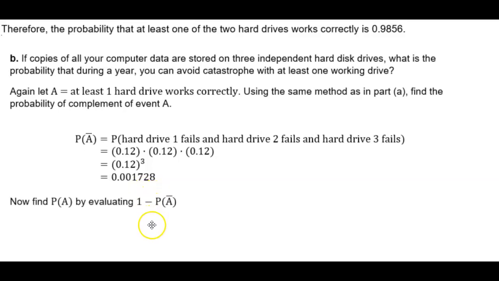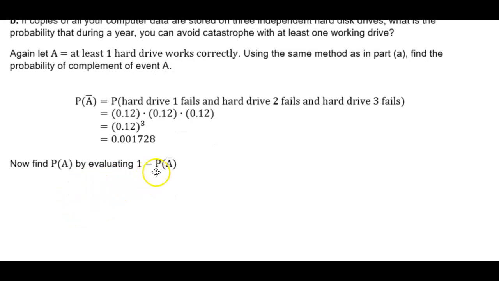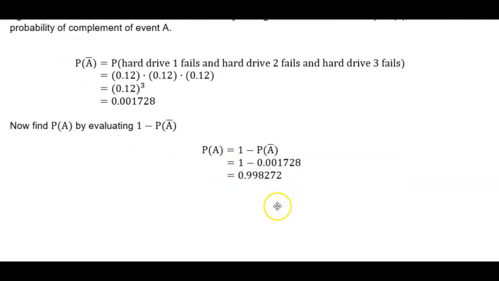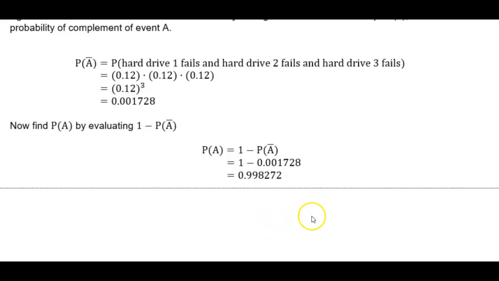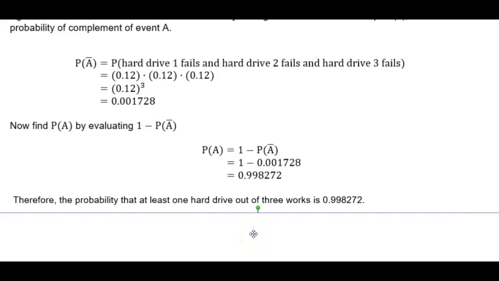And therefore, we're going to find now the probability of event A by evaluating 1 minus the probability of the complement of A. So using that formula, we're going to take 1 and subtract that probability that we found here, which is 0.001728, and we get 0.998272. And so therefore, we would say the following: that the probability that at least one hard drive out of 3 works is 0.998272.